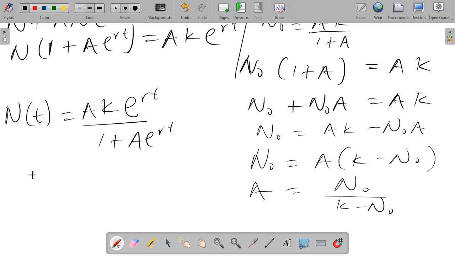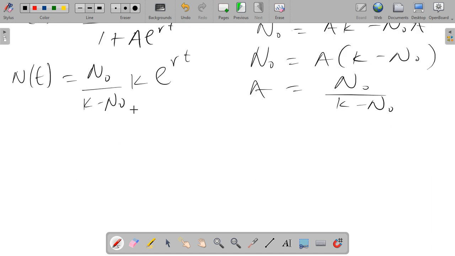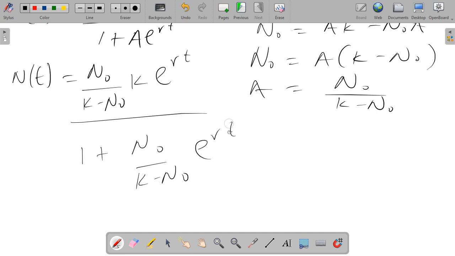If I put this, I'm going to have N of T will now be N naught over K minus N naught, then K here exponential RT, over 1 plus N naught over K minus N naught exponential RT.